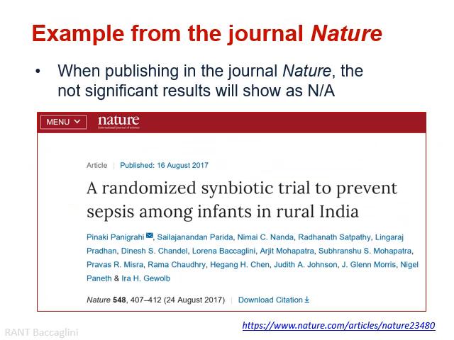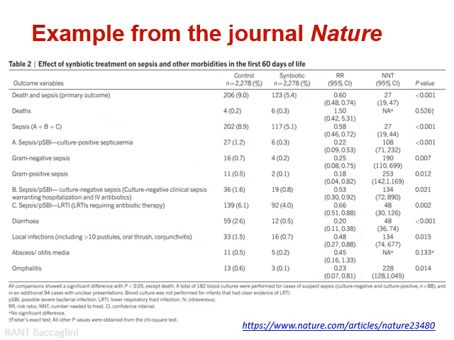So here is an example of a study that we worked on and published on a synbiotic trial to prevent sepsis among infants in rural India. I was involved with the analysis. So let's look at that. These were the results. I was involved after the first analysis, so I repeated the analysis. One of the things we did was to report the study using risk ratios rather than odds ratios.